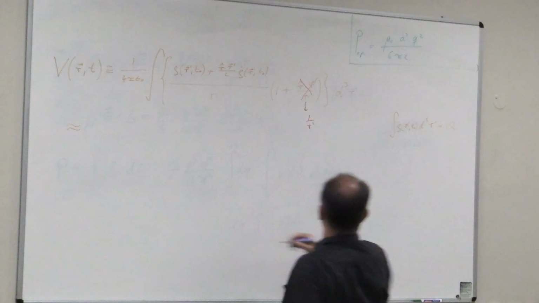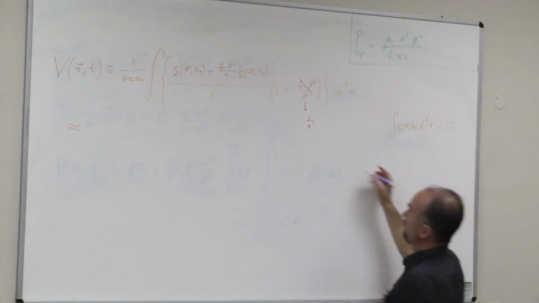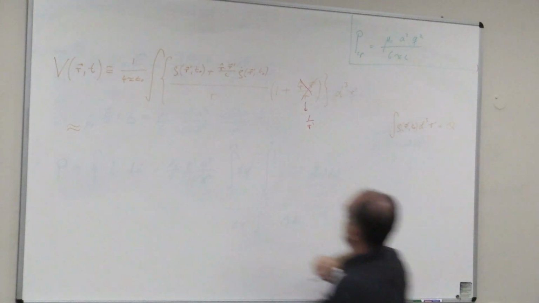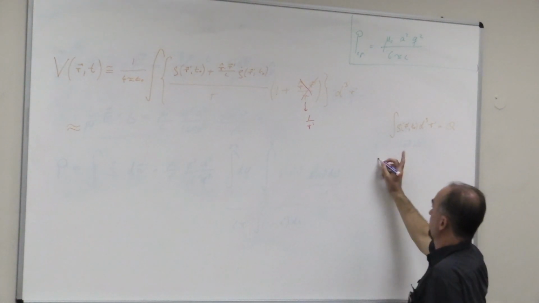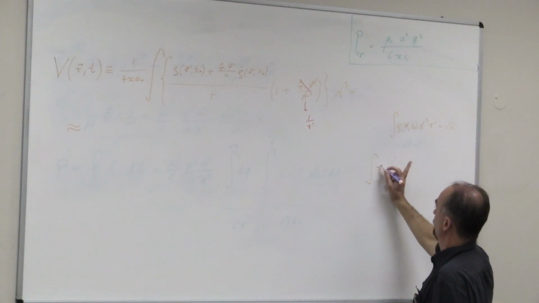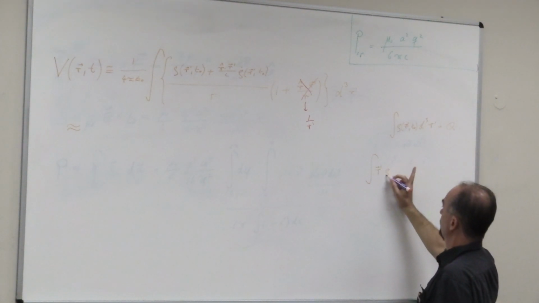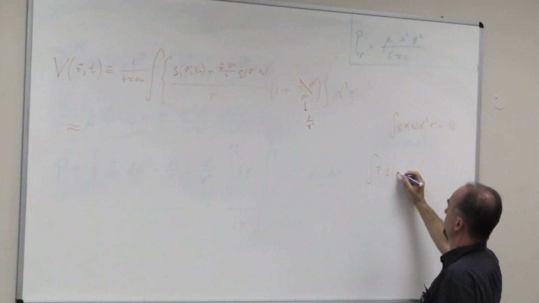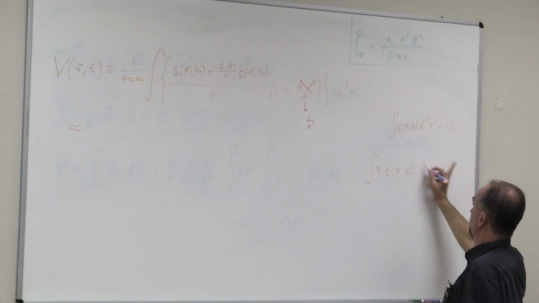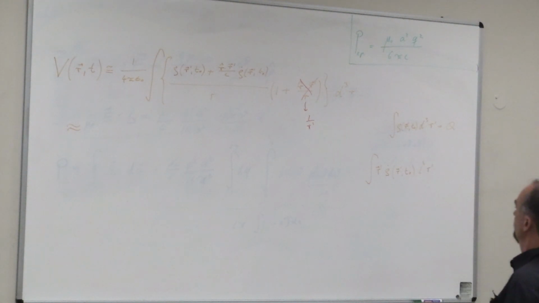Then we have a second term here, where we're multiplying with r unit vector dot, we can pull that out. The actual integral is something like r prime rho dot of r prime, t naught, d3 r prime.